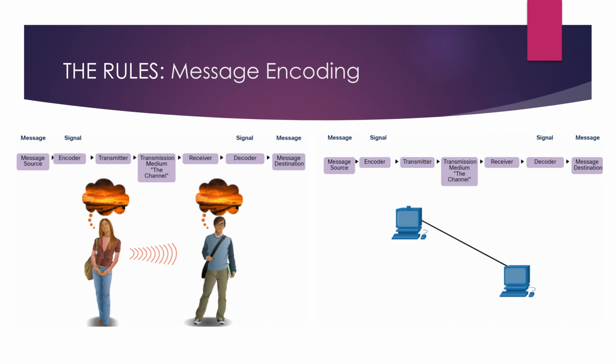The destination host receives and decodes the signal, in this case, to interpret the message. As you can see, it's transmitted to the destination. Then we decode it and we get the message.